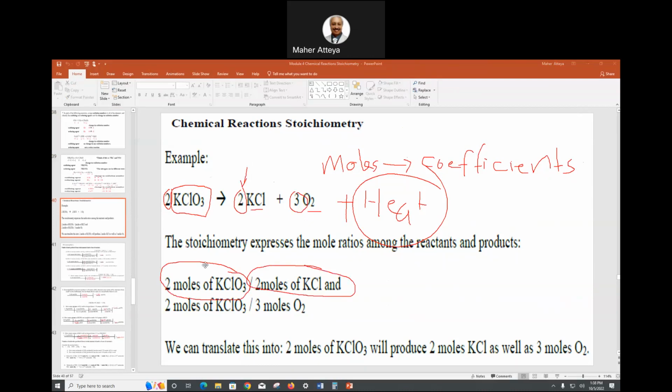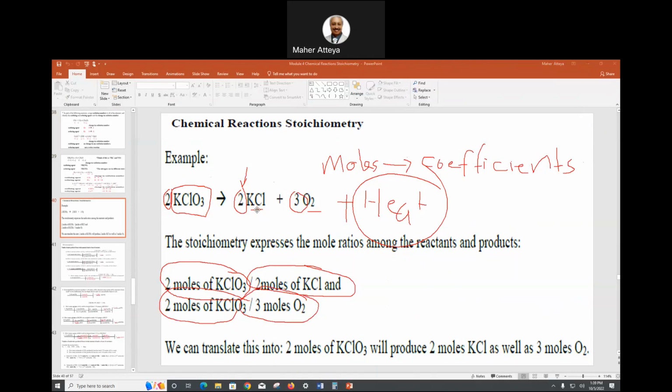I have 2 moles of reactant chlorate, correct, to 3 moles of oxygen, correct? I can relate the reactants to the products. I can relate products to products, correct? I can relate reactants to reactants.